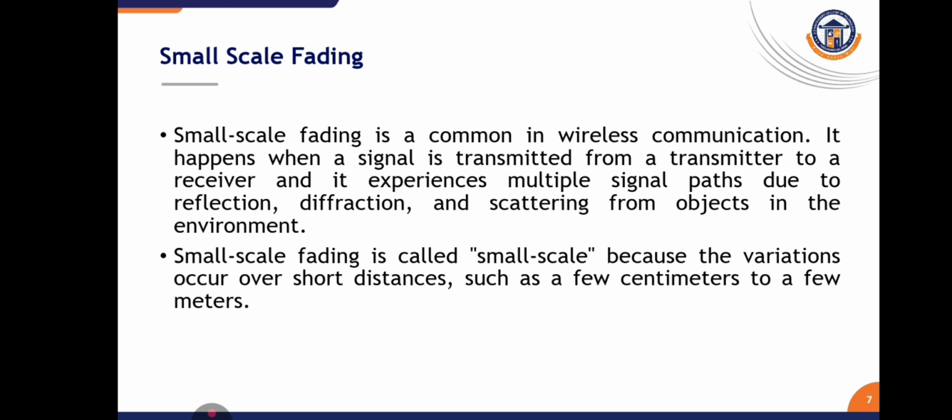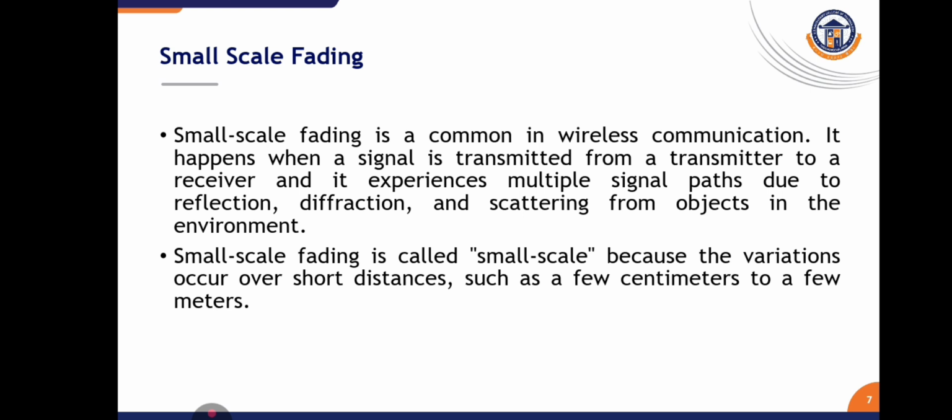It is called small scale because the variation occurs over a short distance, such as a few centimeters to a few meters. Small scale fading can happen very quickly, sometimes in microseconds or less, and is primarily caused by the multipath propagation of the signal.